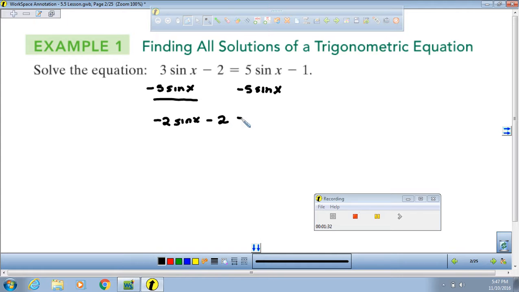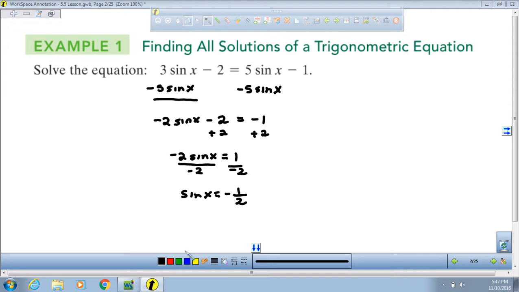Then bring down the minus 2 equals negative 1. Then move the 2 over to the other side. So we get negative 2 sine of x equals negative 1 plus 2, which is positive 1. Then you divide both sides by negative 2, and you get that sine of x is equal to negative 1/2.